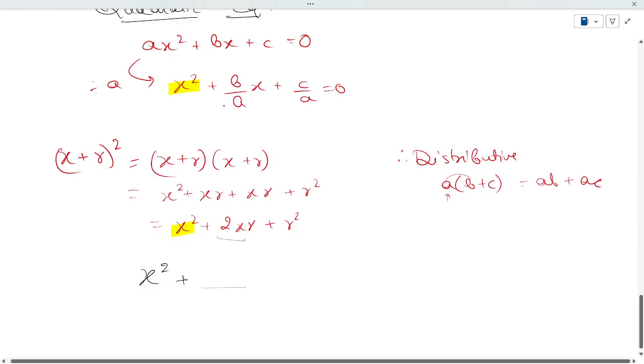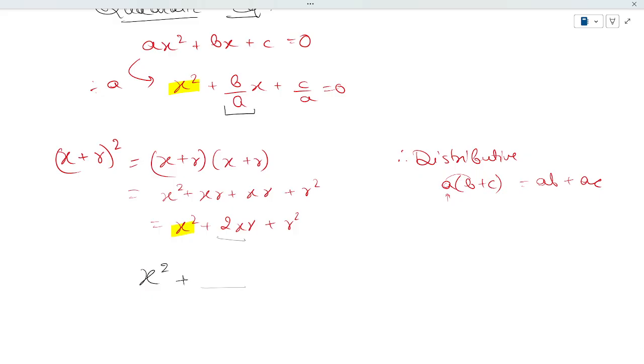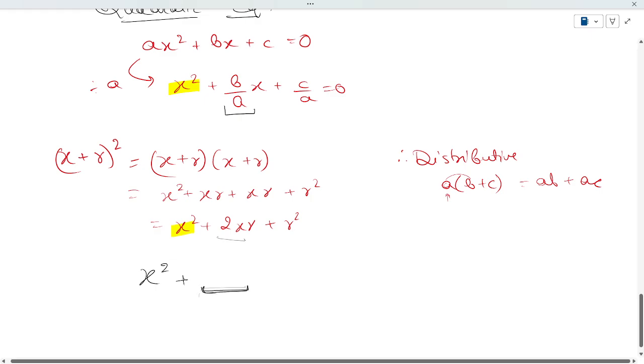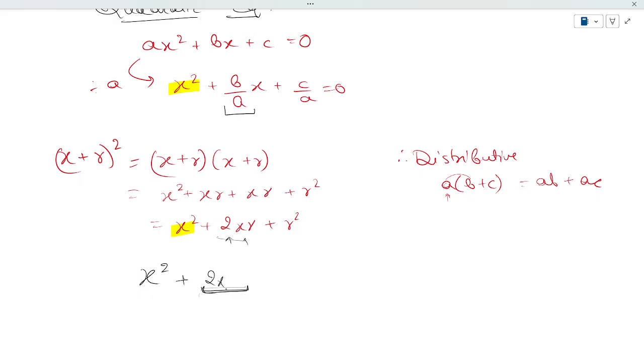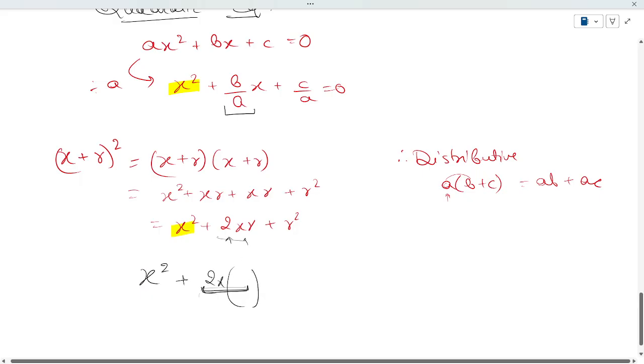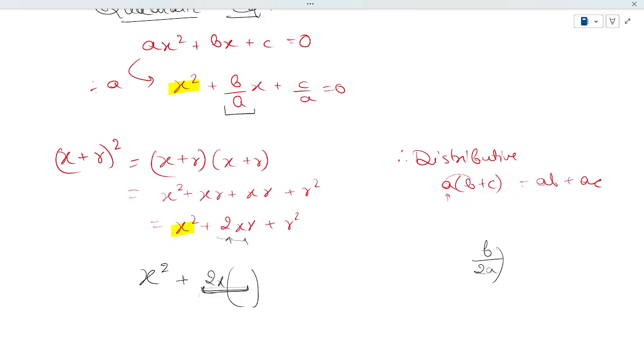How can we have 2xr here? You can see there is b upon a. How can we make this middle term b upon a keeping 2 and x? By taking r as b upon 2a. If you take b upon 2a, the 2 will be cancelled out, and if you multiply 2x with b upon 2a, you get b upon a x, right?